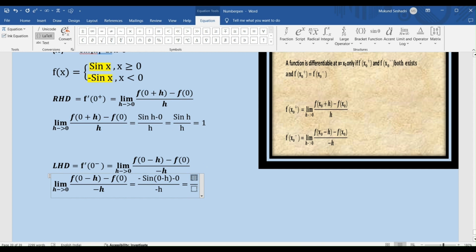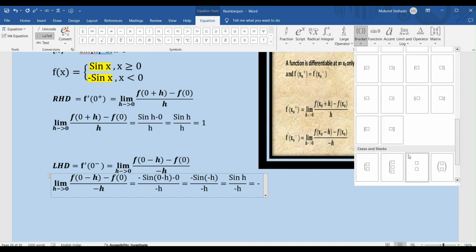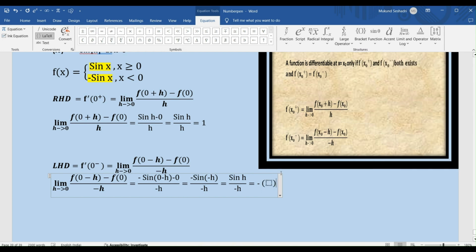So I have sine h divided by minus h, where the two negatives cancel out, which is minus of sine h by h, which is minus 1. So I'm left with minus 1.